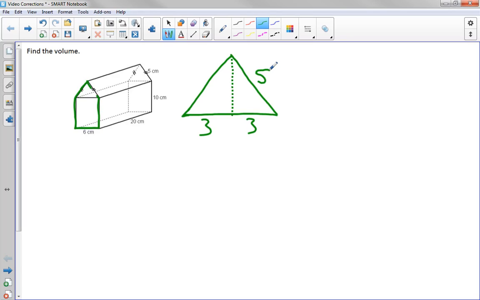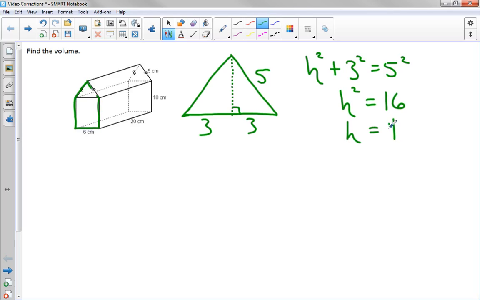So if you notice that we've constructed a right triangle, then we can use the Pythagorean theorem to find the height, which I'll call h. So the height squared plus the bottom side squared equals 5 squared. That means the height squared equals 16, and then the height is 4.